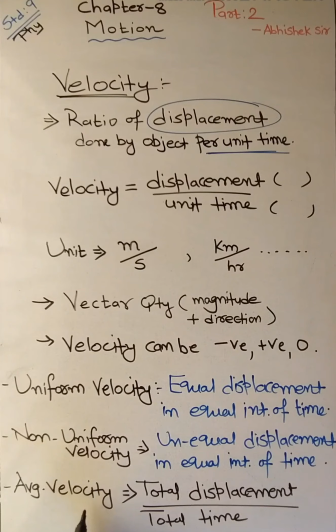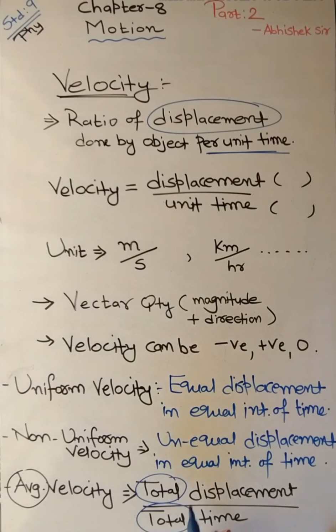So average velocity will be the ratio of total displacement upon total time. As the word average is used, we will be using the word total, right? And guess the unit. The unit of average velocity will again be the same, because displacement is in meter and total time is in second. So it will be meter per second only.